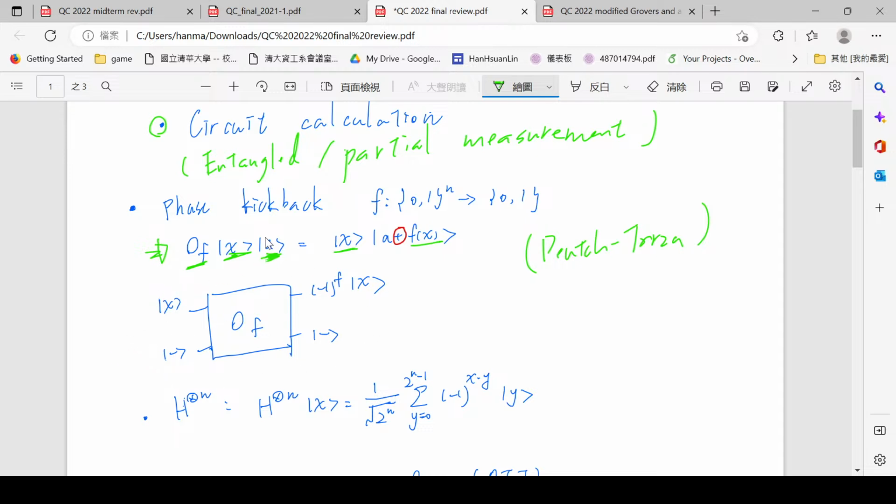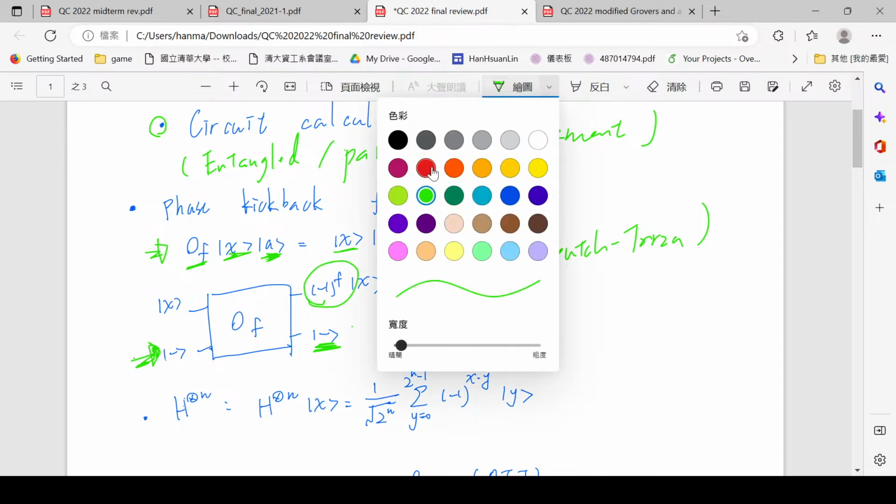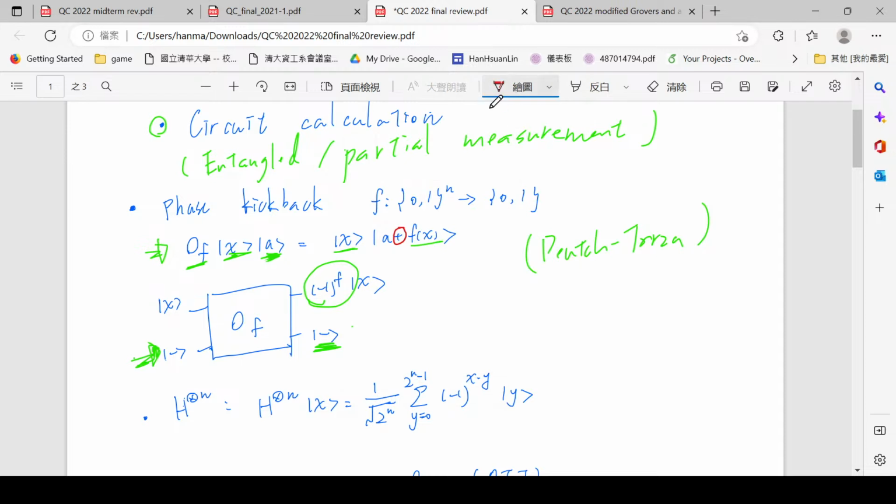We were saying we put a in a computational basis state, but what happens if we don't? In particular, if you put a in this minus state, then you do the calculation, and you find out that you have input register x here, then you apply the oracle, and this output register actually stays unchanged, it's still minus. But you will get a global phase of (-1) to the f of x.